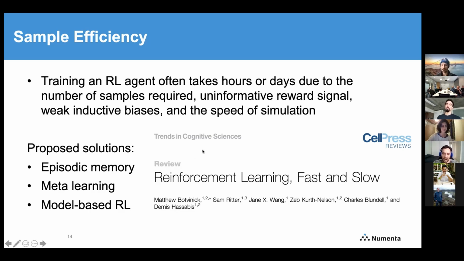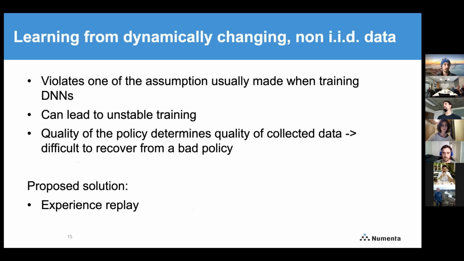Okay, so let me go on to the next challenge: learning from dynamically changing non-IID data. Generally, when training deep neural networks, in theory, we always assume independent and identically distributed data, which means if I pick a sample now and then I pick the next sample randomly, it's independent of what the previous sample was.